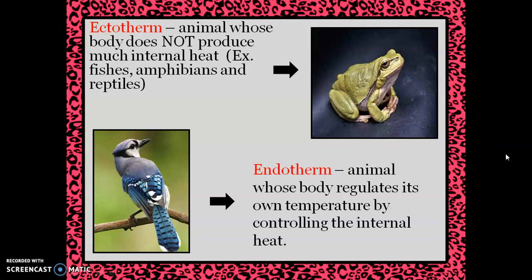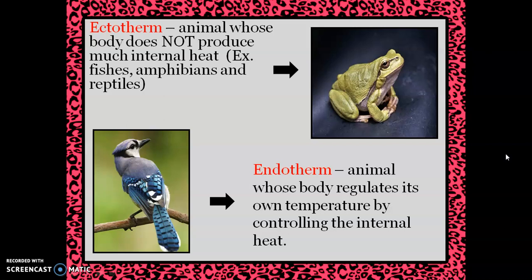Typically, amphibians and fish will get the temperature from the water or the air around them. Amphibians often will sun themselves as well to maintain heat. Fish don't really sun themselves, but they will maintain their body heat by the water temperature around them.